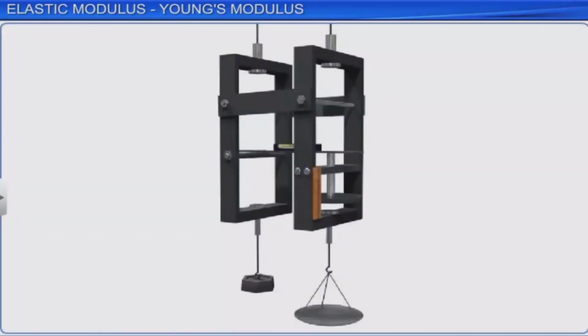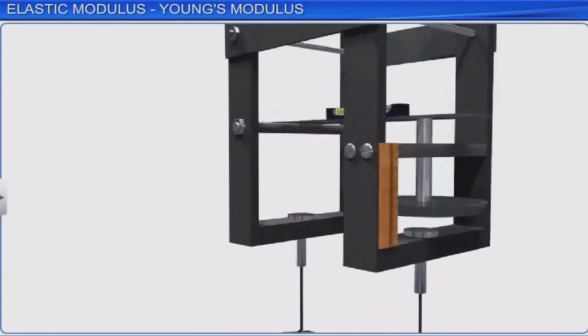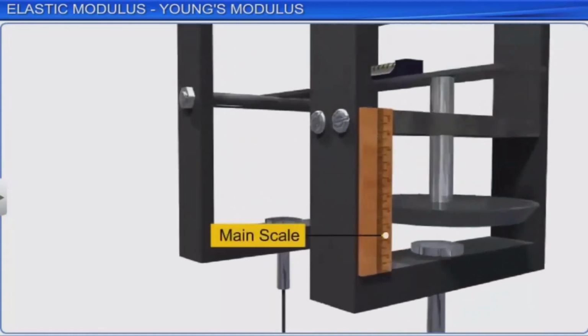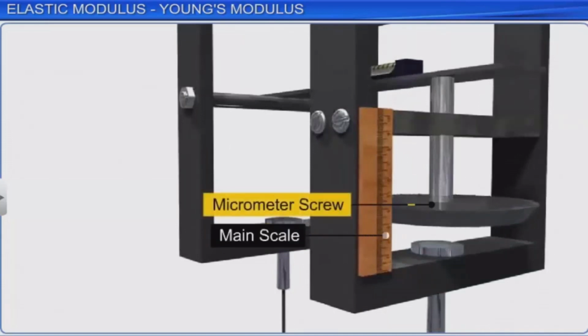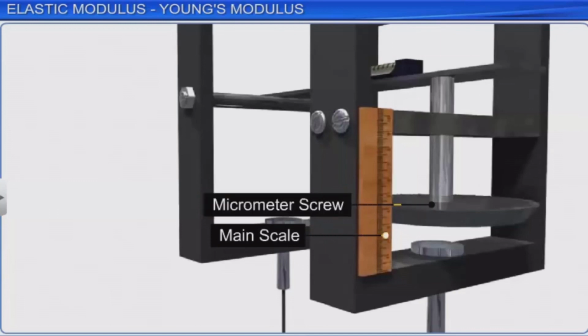The frame on the experimental wire has a short main scale, calibrated in millimeters, against which a micrometer screw moves. One end of the spirit level rests on the tip of the micrometer screw.